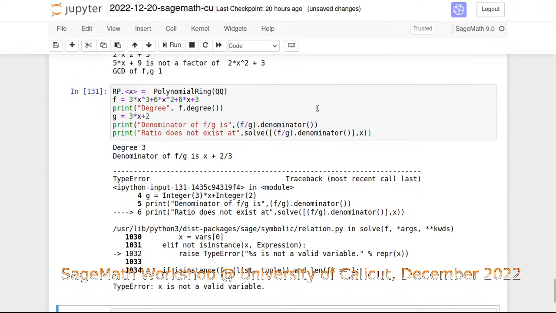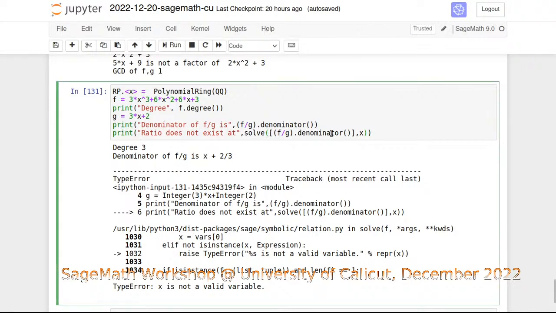Do you want to say solve in bracket, solve of denominator? Okay, denominator, then those two brackets. Yes, this syntax is correct.